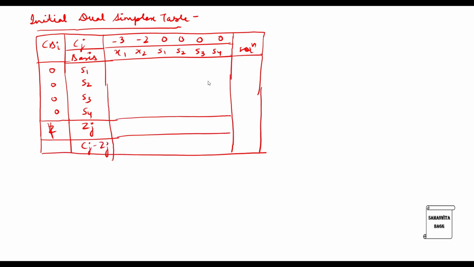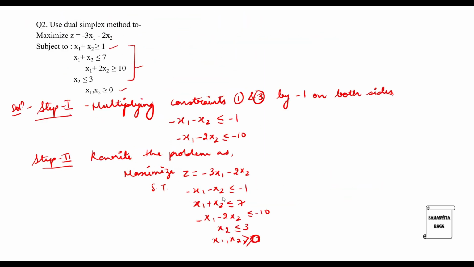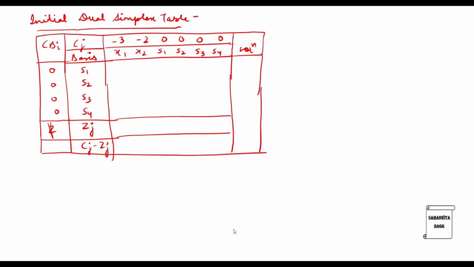Now I'll write down the coefficients of each of the equations from here. Minus 1, minus 1, 1. These are 0 and this is minus 1. Then we have 1, 1, 0, 1, 0, 0, 7.